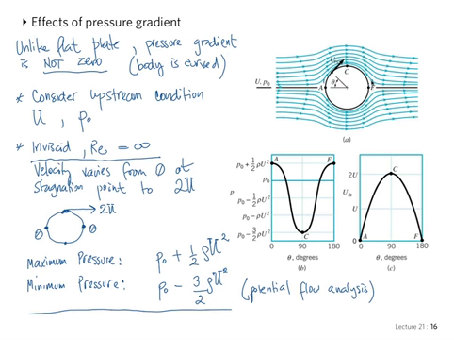Now, in the viscous case, even with very, very small viscosity, of course, the drag can never be 0, right? Because in the viscous case, we have no slip, which means that the velocity is equal to 0 at the wall.